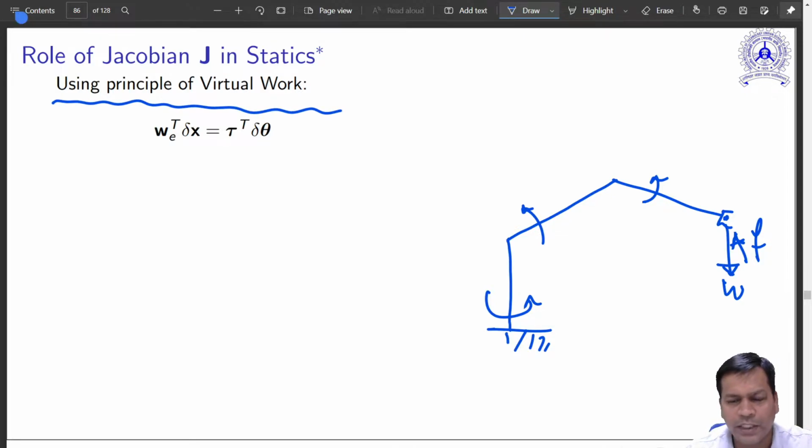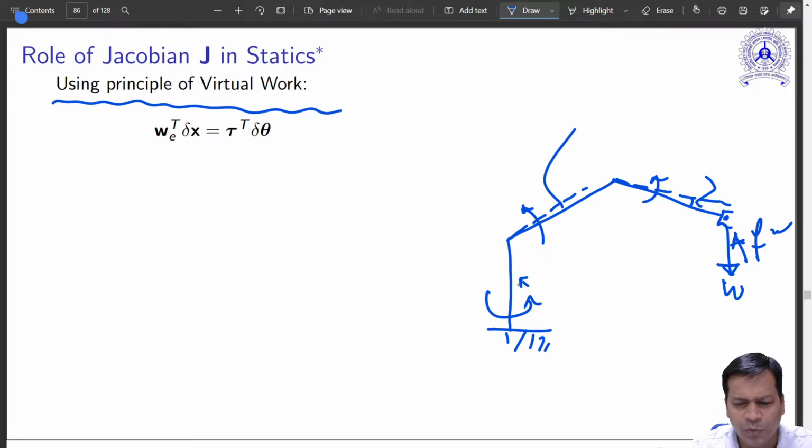That assumes that the robot is not moving. I assume a small displacement that might have occurred because of this force from the position where I want to do the analysis. Let us say there is a small displacement which has happened here, a small displacement that has happened here also, and maybe some displacement over here.